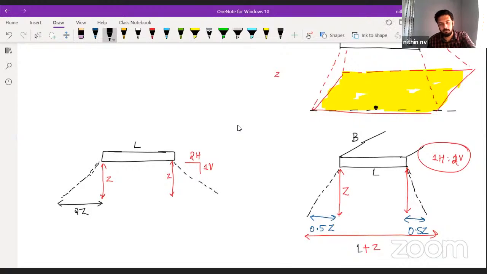According to this particular distribution, 2Z. Getting or not? Now what will be the size of the new one? L plus 2Z here, 2Z here. So L plus 4Z. Similarly, in the width, we will be getting B plus 4Z.